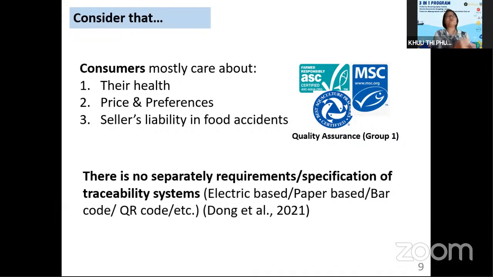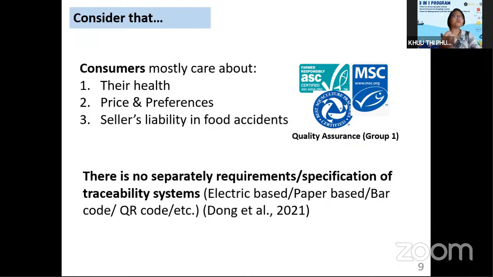This is exactly what consumers want, but there are no requirements until now.